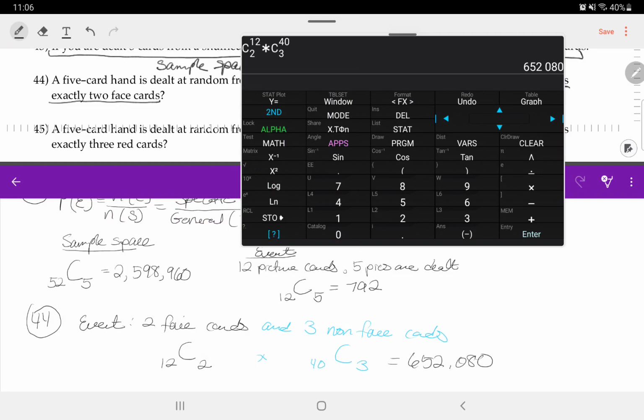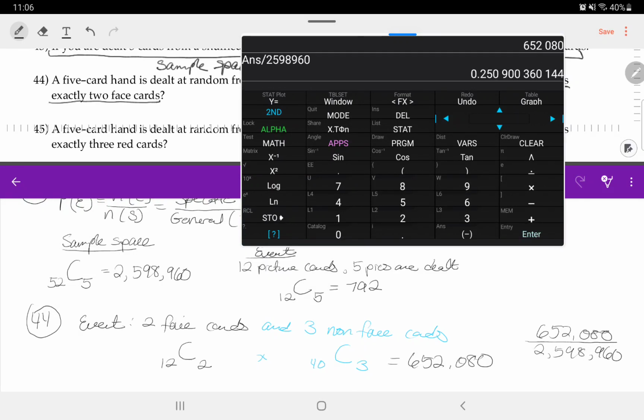Now, to find the probability in this case, we're going to take this 652,080 and divide it by the combination of 52 cards in my deck, and I'm still choosing 5, which is 2,598,960. So divide that by 2,598,960.